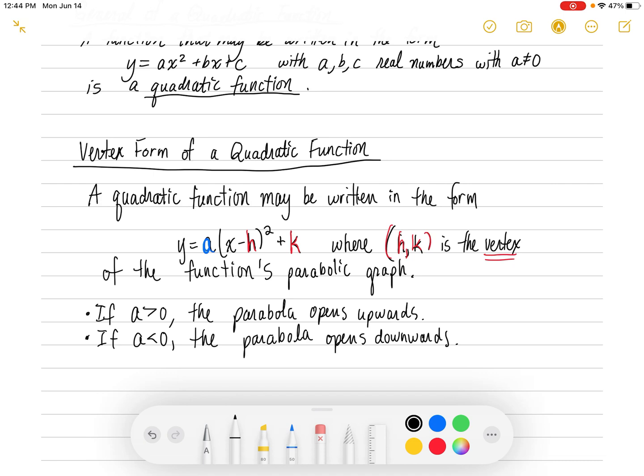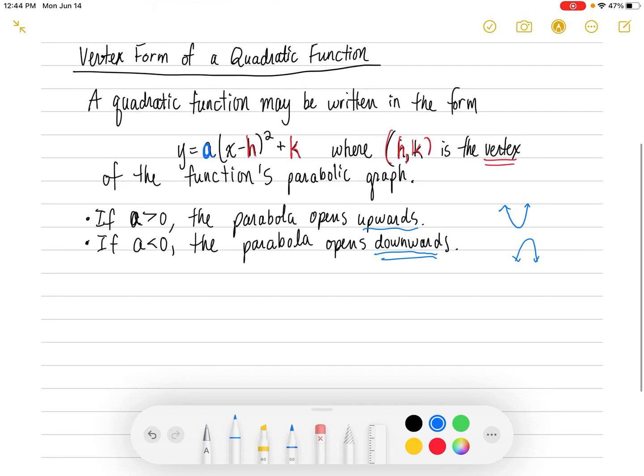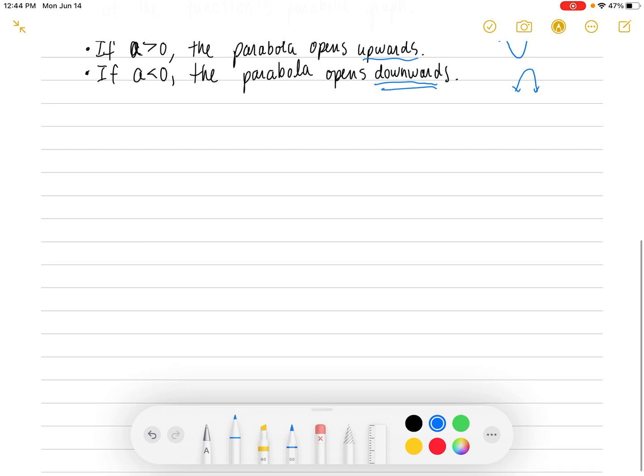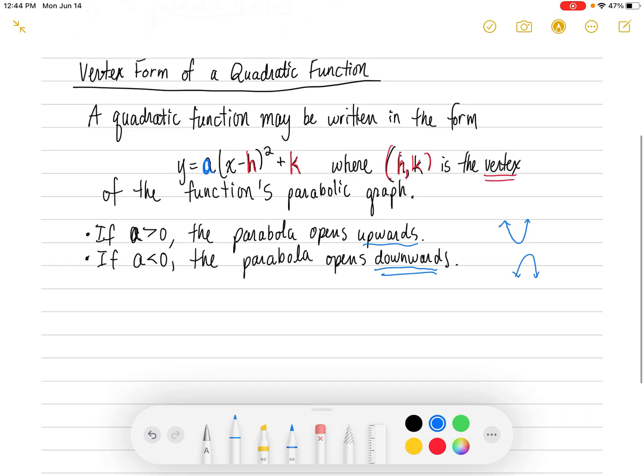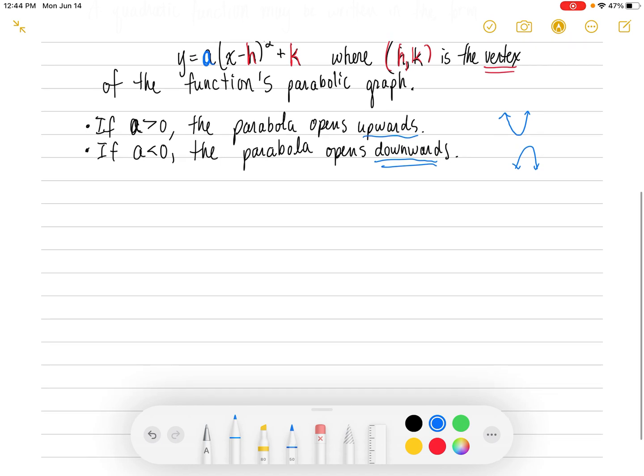It tells you the orientation of your parabola. Basically, if it's opening upwards, it'll be a U shape opening up like that. If it's opening downwards, it'd be something like that, an upside down U. Important information.